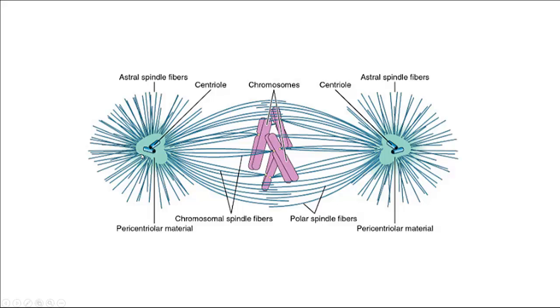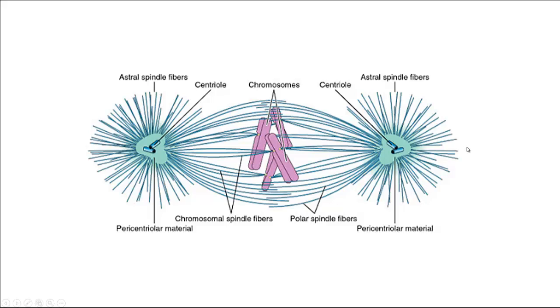The main thing I want to get across is that they do this really amazing thing: they produce these little structures called microtubules, sometimes called spindle fibers, listed here as astral spindle fibers. It's basically an array of little tentacles that reach out from each side of the cell.